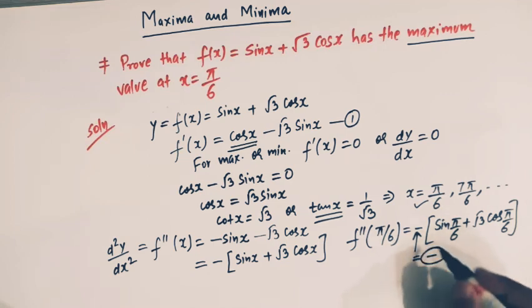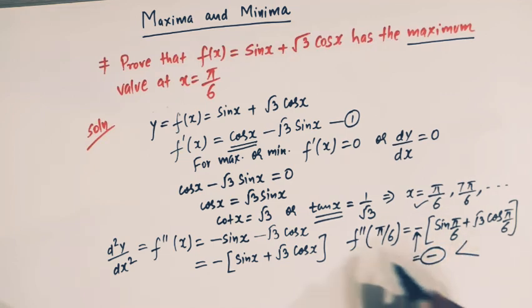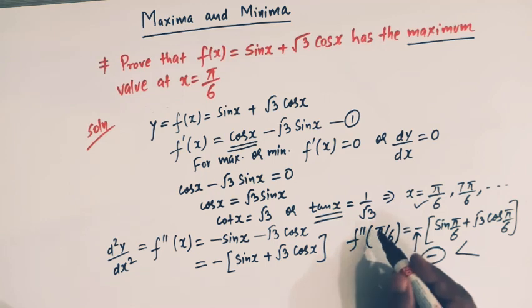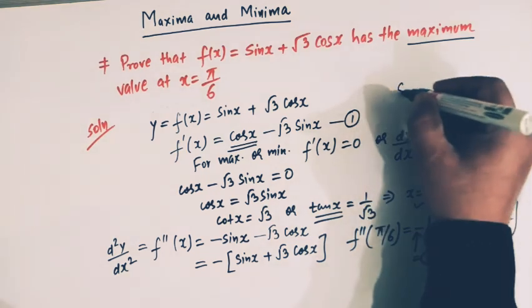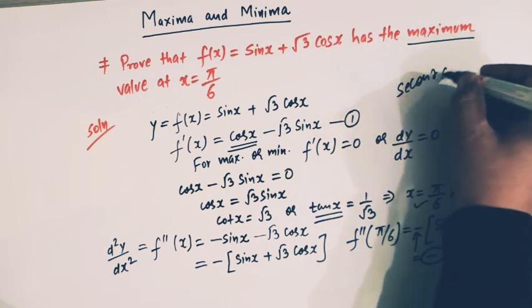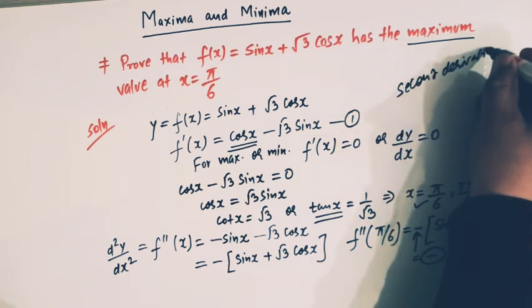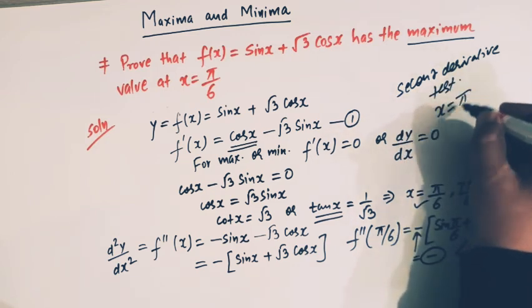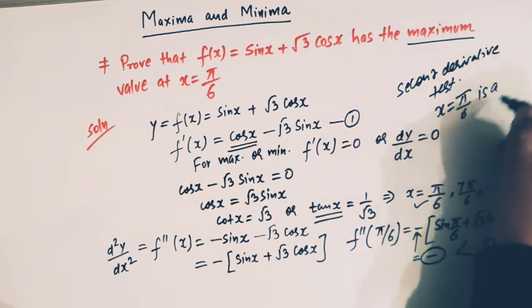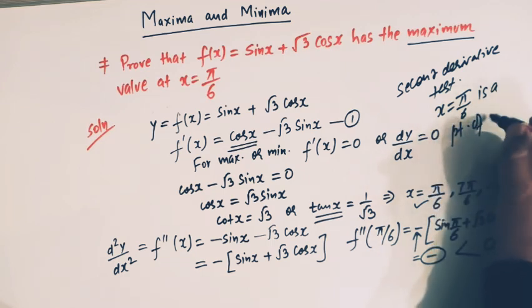So here we have the negative sign, and this shows that the double derivative or the second derivative is less than 0, and by second derivative test we conclude that x is equal to pi by 6 is a point of maxima, right?